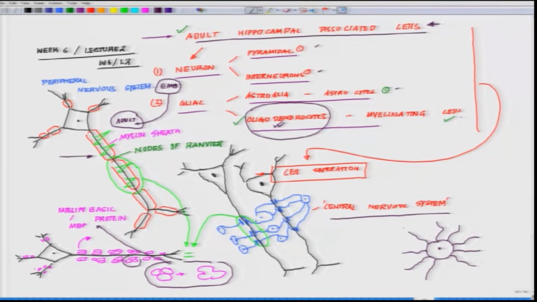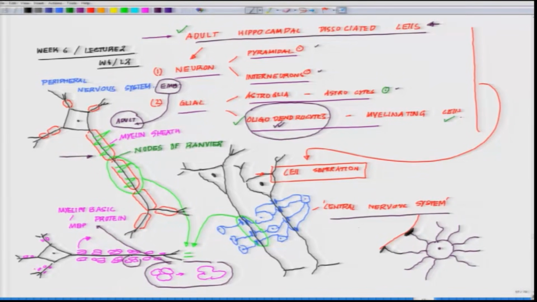And these multipolar cells, after coming in contact with any axon, they form something like this. That is after coming there, and this is the part where they secrete the myelination protein.